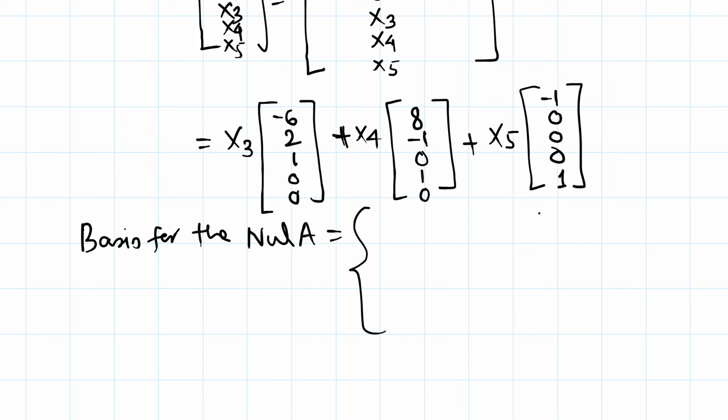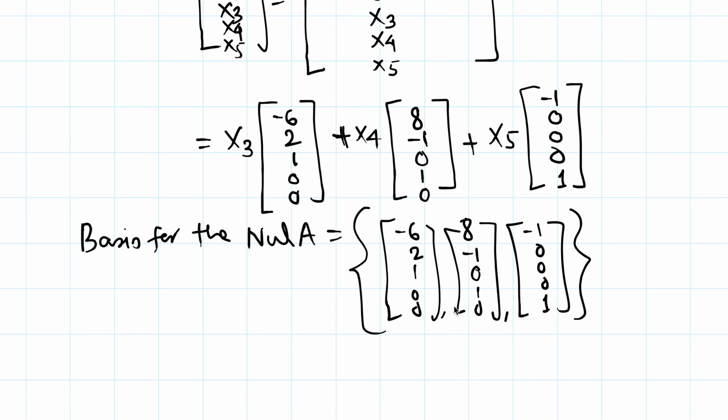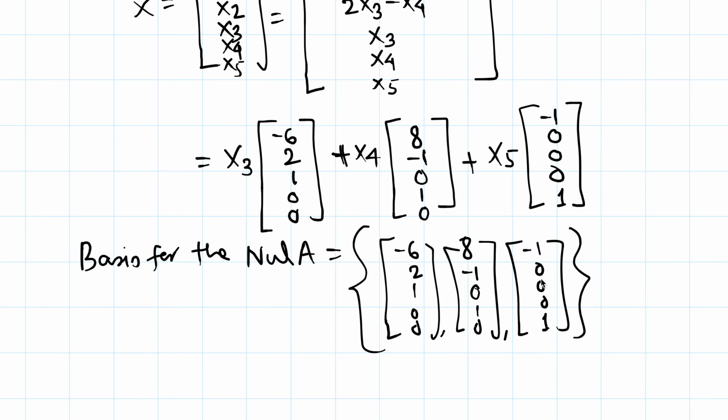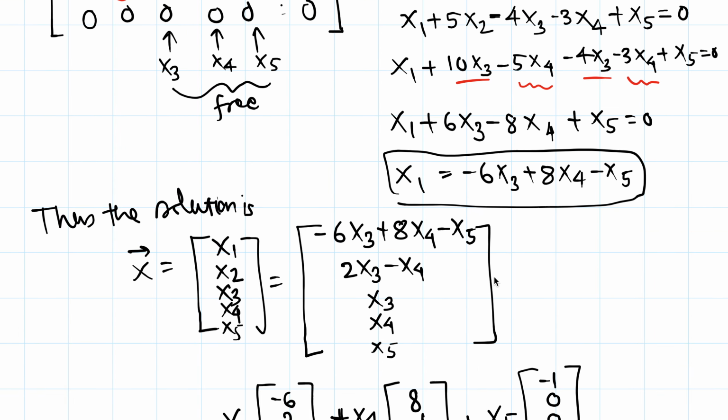We can write the collection inside braces: negative 6, 2, 1, 0, 0, comma, 8, negative 1, 0, 1, 0, and then the third is negative 1, 0, 0, 0, 1. There are 3 basis vectors for Null A, so the dimension of Null A will be 3.